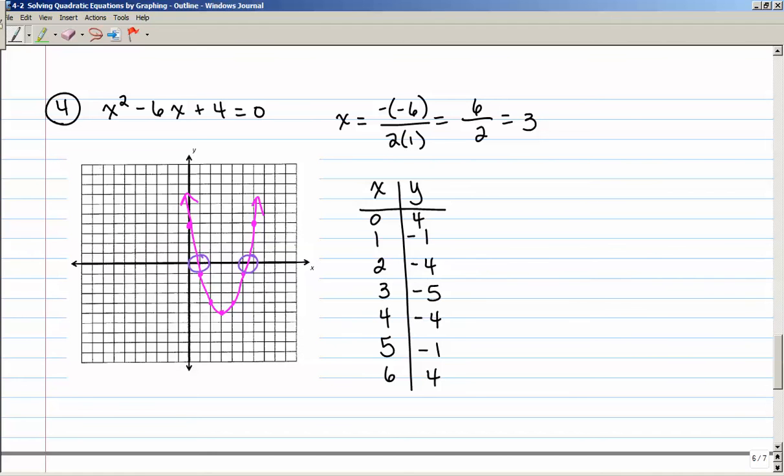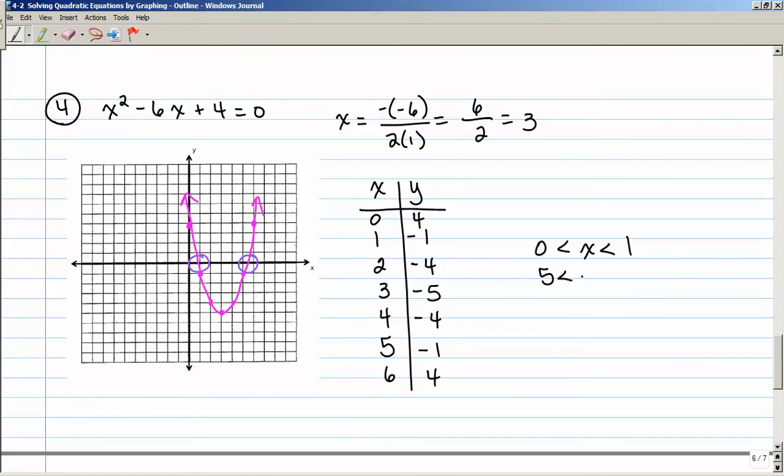So the way we write it is we can say that x is between 0 and 1, because right at this point it's crossing between x equals 0 and x equals 1. The fancy way to write that is like this. x is between 0 and 1. In other words, x is greater than 0, but x is less than 1. And then over here, it crosses between 5 and 6.